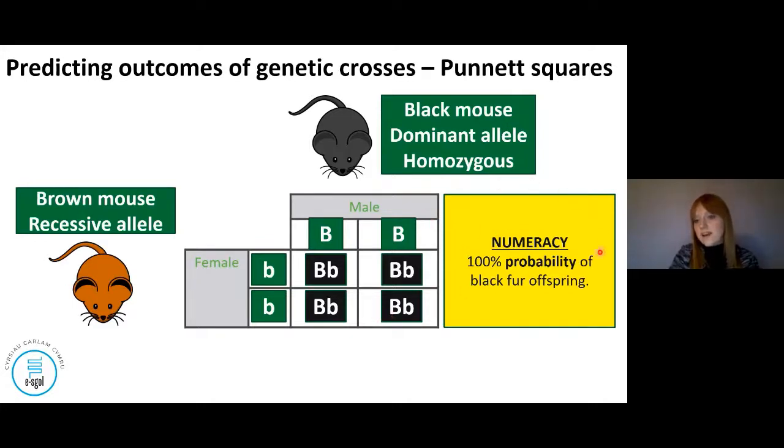So that's where we bring in our numeracy and give a probability. If we cross a homozygous dominant with a homozygous recessive, then 100% of the offspring are going to inherit the dominant characteristic.